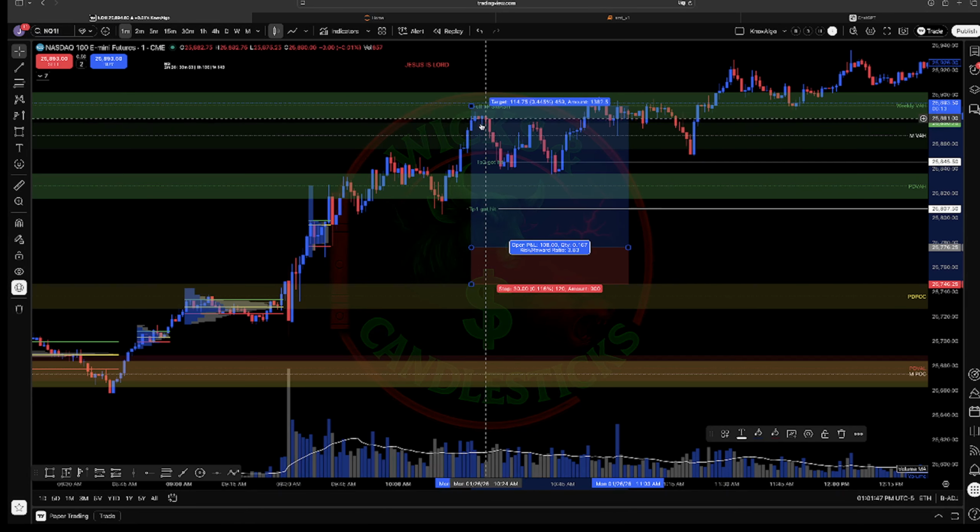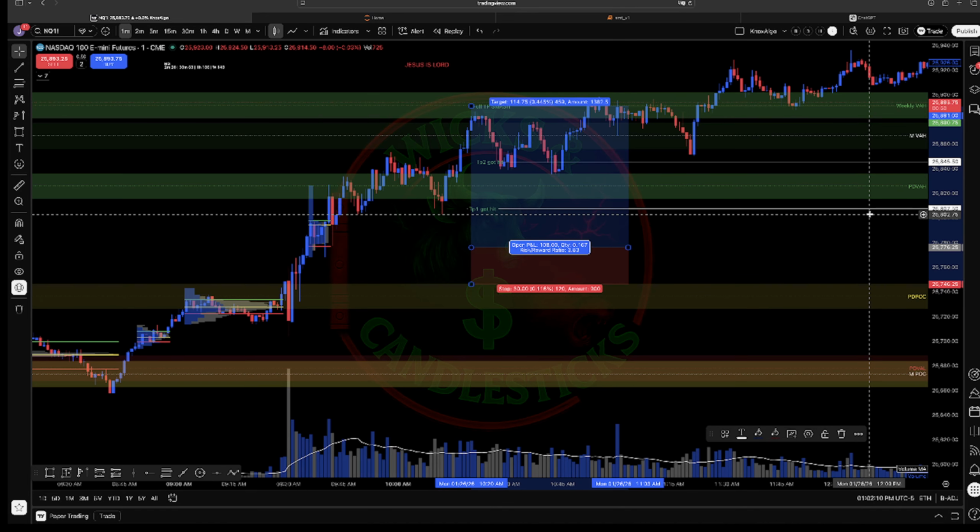For sales, I was expecting price to sell down here because we was at the weekly value area high, which points me out to something. I told you guys that I was going off of the monthly volume profile. So if you look here, price went from this monthly profile to where?